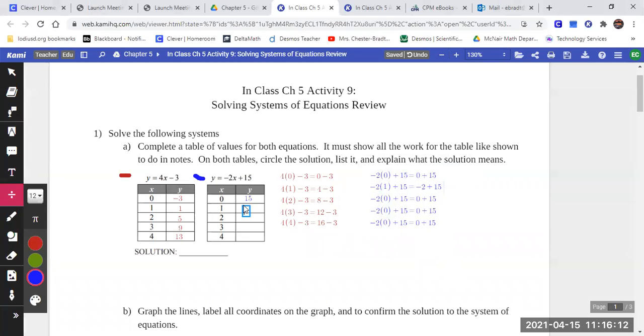What's going to go in our table? 13. Thank you. Because -2 with positive 15, they're different signs. We subtract and keep the sign of the bigger one. The bigger one was positive, so positive 13.